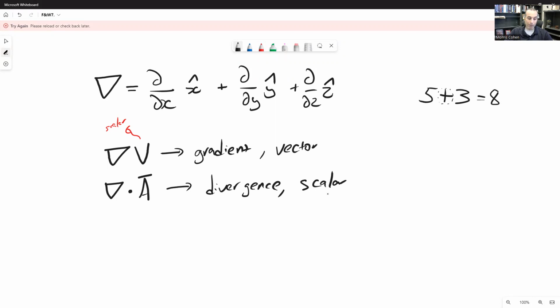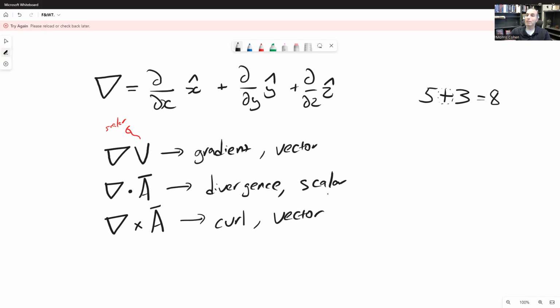And that's what we're going to talk about today. Let me just talk about a few more. You can also take the cross product of this del operator with the vector field A. If you do that, that's called the curl, which is a vector function as well, since the cross product yields a vector.